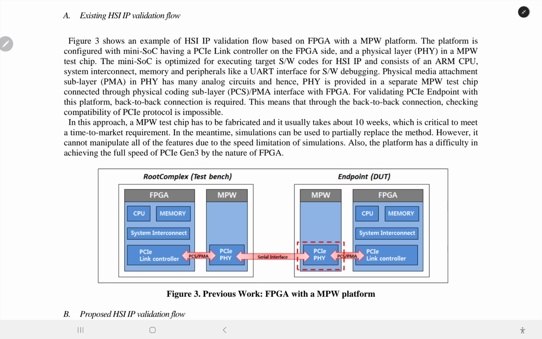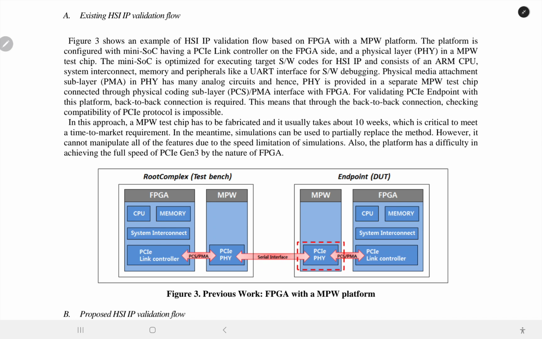The platform is configured with the mini SoC having a PCIe link controller on the FPGA side and a physical layer in the MPW test chip. The mini SoC is optimized for executing target software code for HSI IP and consists of an ARM CPU, a system interconnect, memory, and peripherals like UART interface for software debugging.